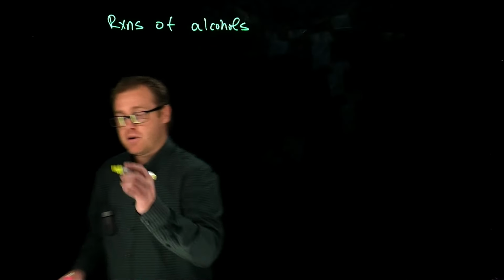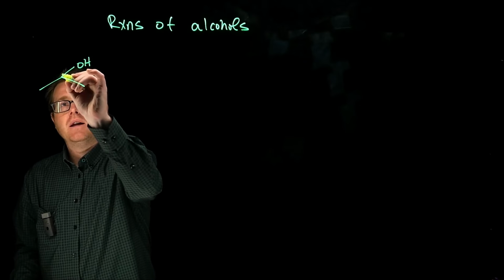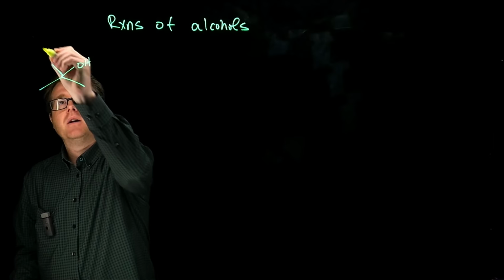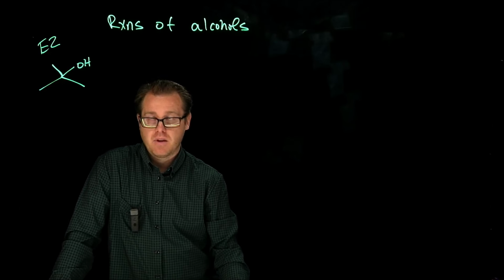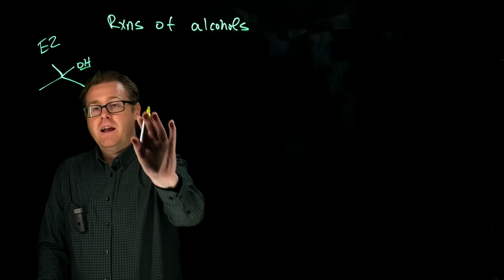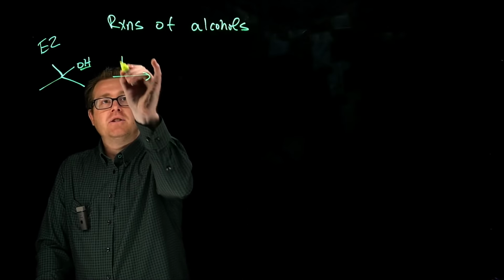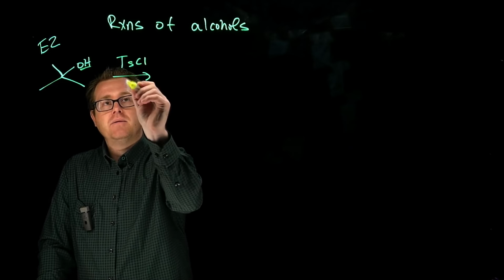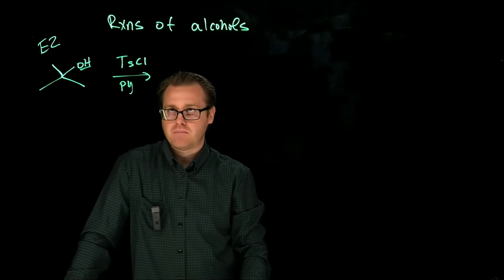If we have a tertiary alcohol, we can also do an elimination invoking an E2 mechanism. And in order to do that, we still have to convert our OH into a good leaving group. And the way that you do that is you treat it with tosyl chloride right here and our pyridine.